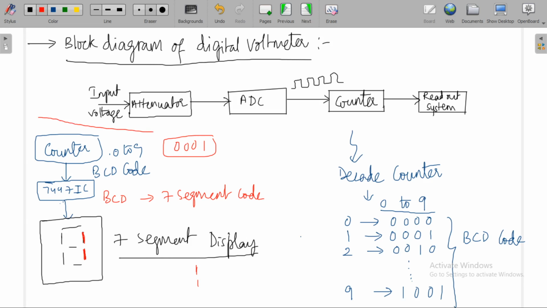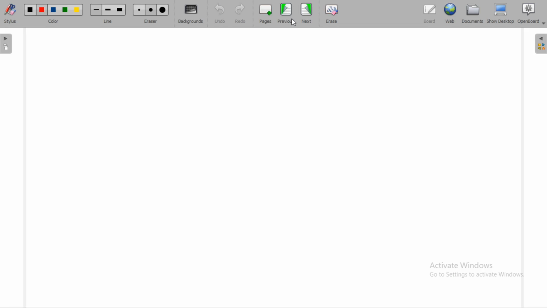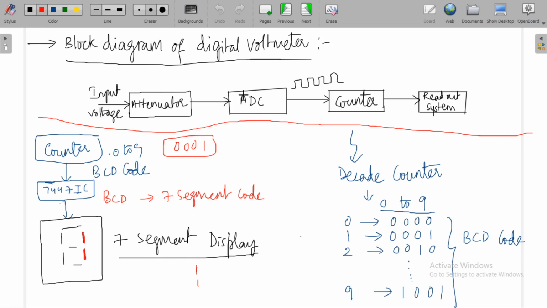So this is the block diagram of digital voltmeter. After counter, you are going to have 7447 IC to convert BCD code into 7 segment code. This counter will count the number of pulses. Here we use dual slope type ADC.